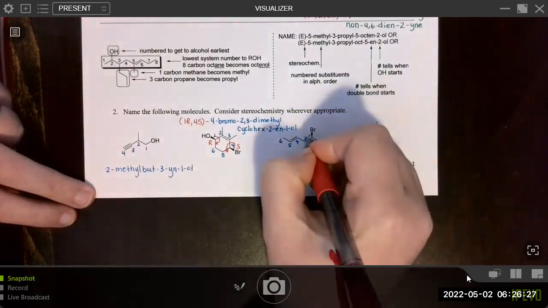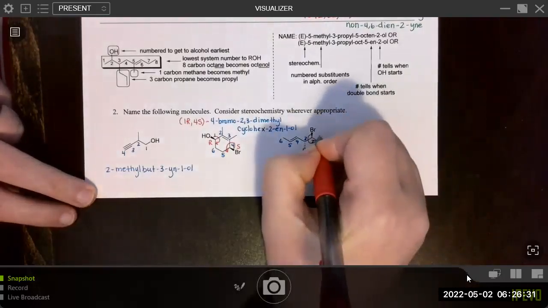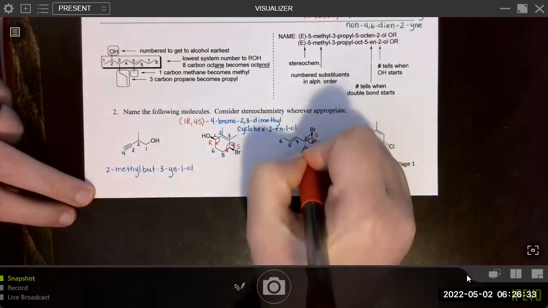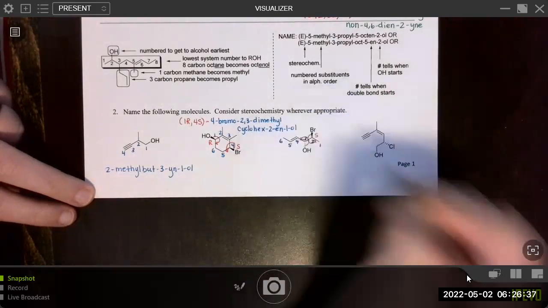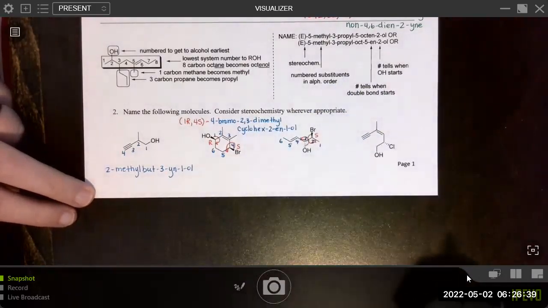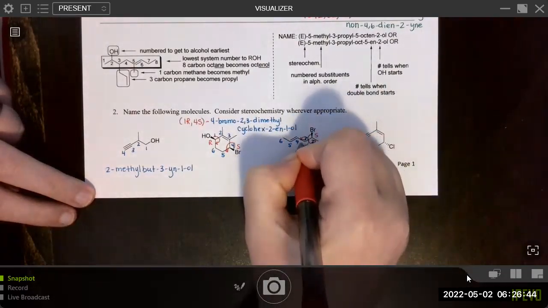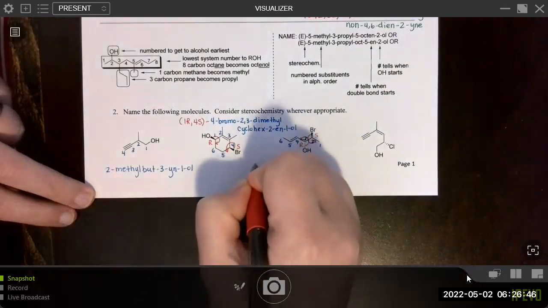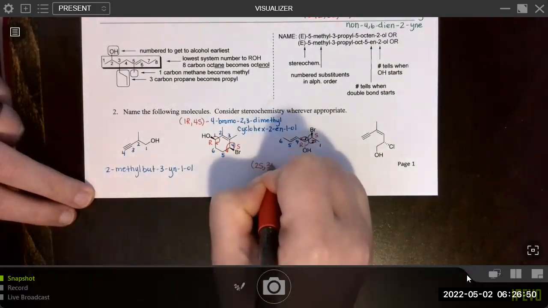So 1 to 2 to 3, fourth priority pointed back. So this is S. And then 1, 2, 3, fourth priority coming out at you, so this is clockwise and R. All right, so for chirality, we have 2S, 3R.